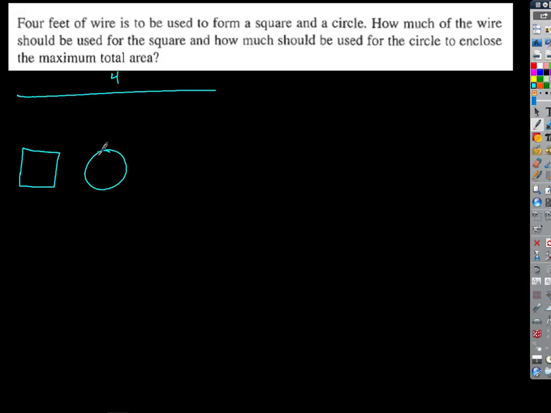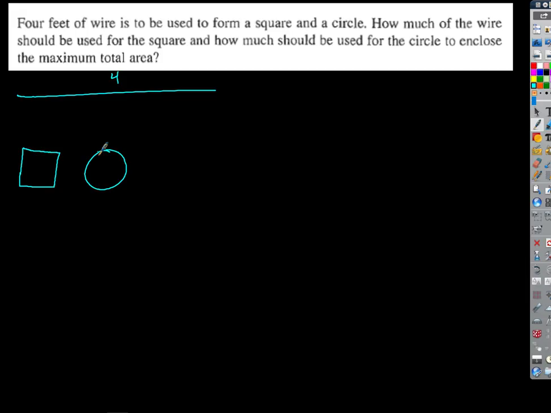But if I cut it more one way than the other, then one of these is going to grow and one's going to shrink. The same area? We'll see. The total perimeter of both is going to be 4, always. But we're trying to maximize area.